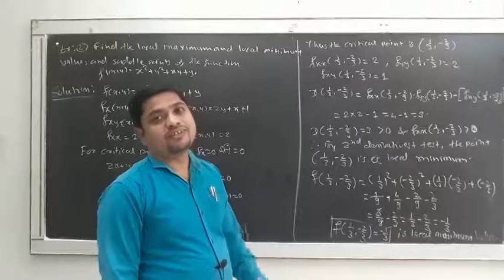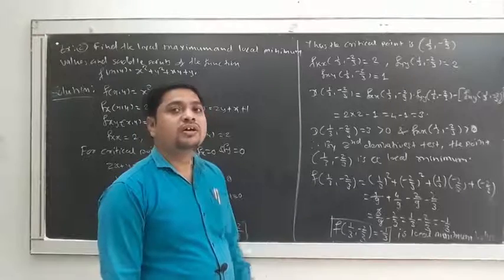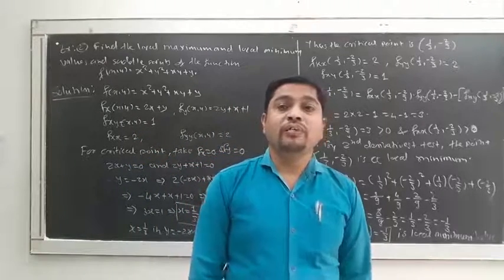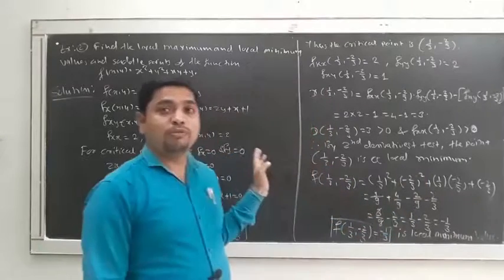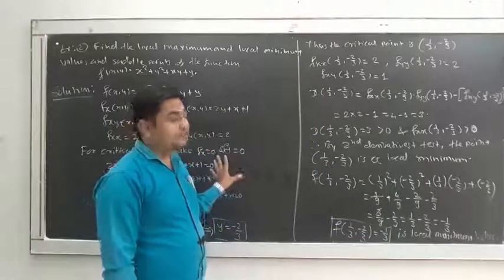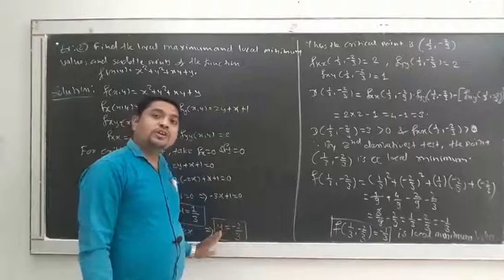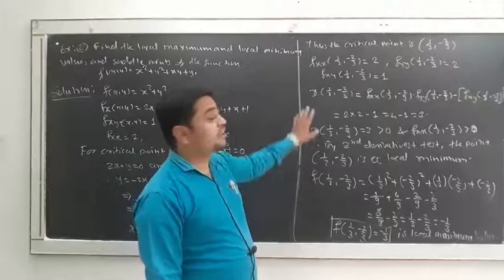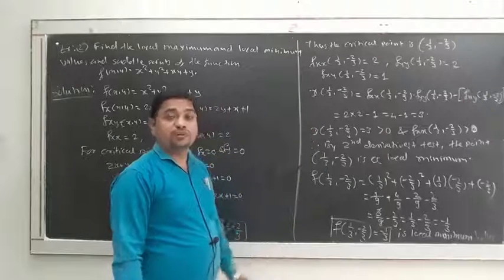Okay, so in a similar way you can solve many problems like this. It is a very important problem. But if you see the first problem and the second problem, here we are getting only one critical point, therefore the answer is short. That means you check only at one point.